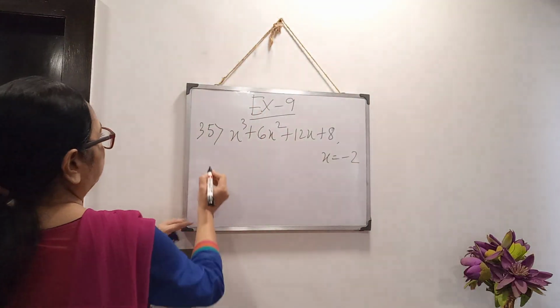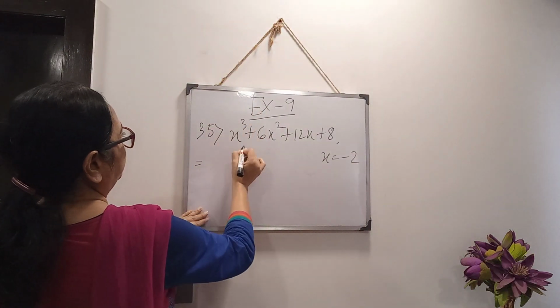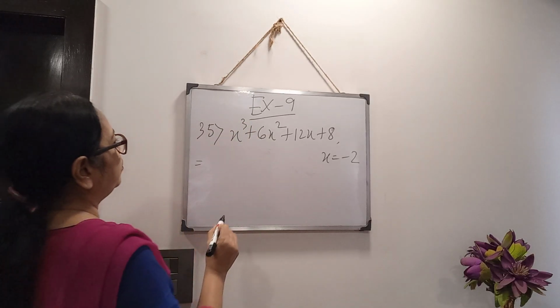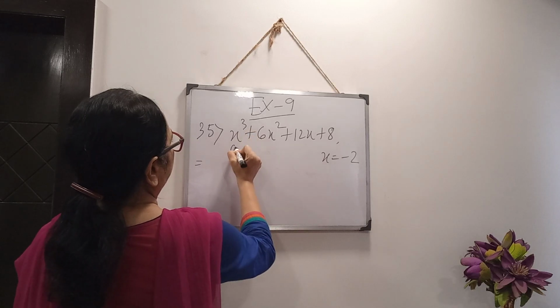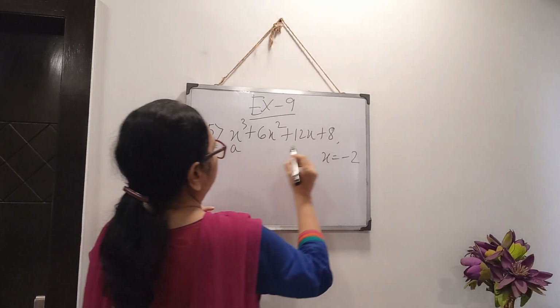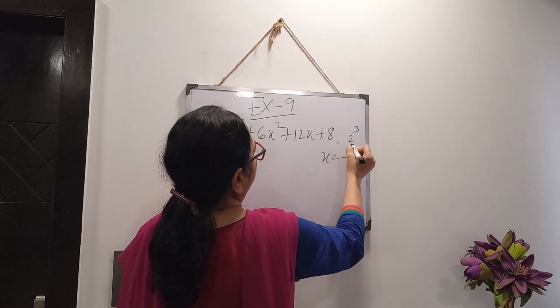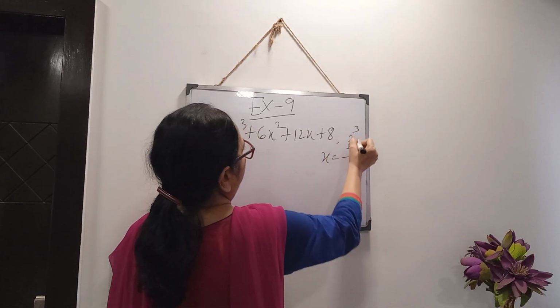So first we have to find out what your a and what your b are. Here x cube is your a, and there is 8. 8 we can write as 2 cube. So what will be your b? 2. Clear?